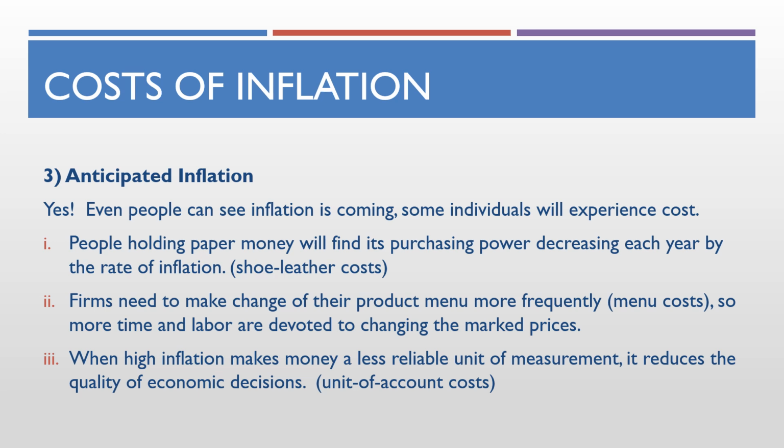So for the first one, we call this a shoe leather cost. It's when people holding their paper forms of money or physical forms of currency tend to think that their purchasing power will decrease when inflation comes, and therefore they are going to rush into the asset markets, trying to save their money into high return assets so that their money will not depreciate with the inflation costs imposed.